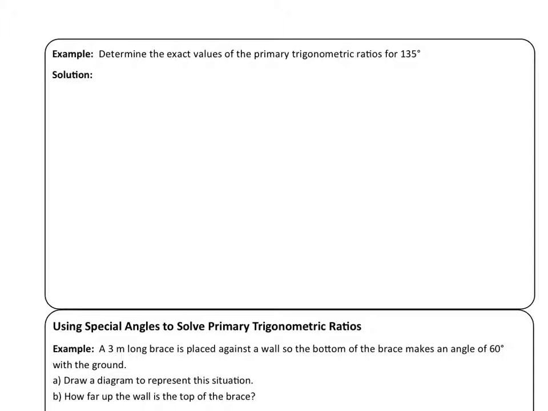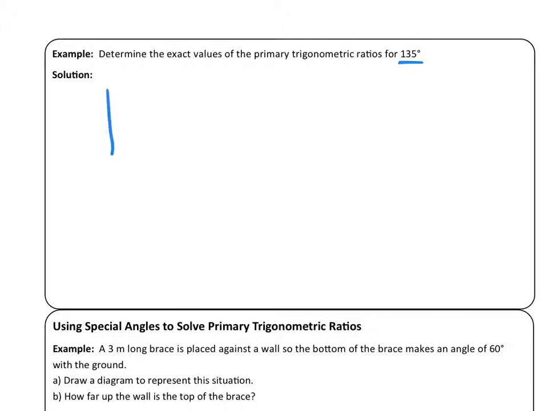The first example is determine the exact values of the primary trigonometric ratios for 135 degrees. The one thing you're going to do is think about where this angle fits in our coordinate plane.